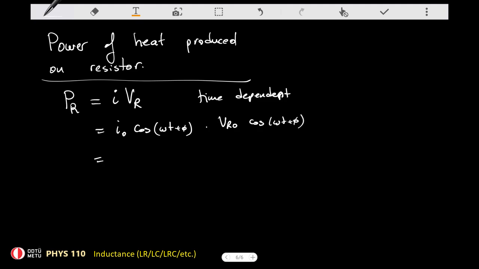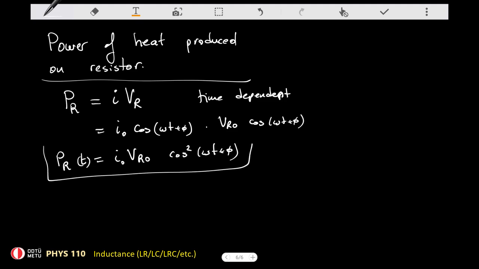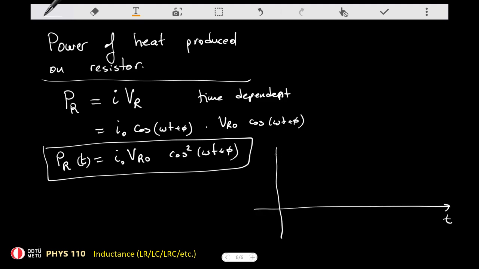At the end we get something like this. This is the product of the amplitudes multiplied with the square of the cosine. So the power is also time dependent, but it has a different time dependence in here because this has to be always positive. I'm going to draw a graph like that for the time dependence of the power.